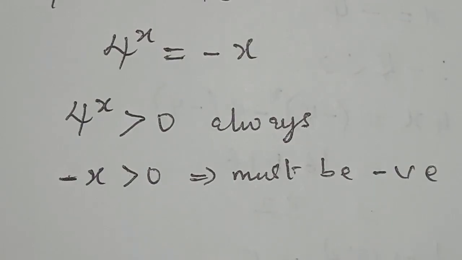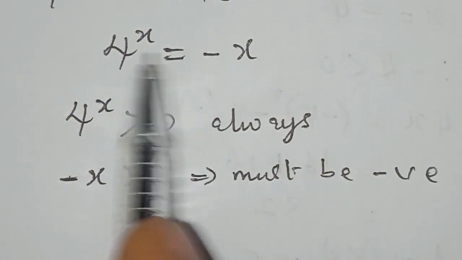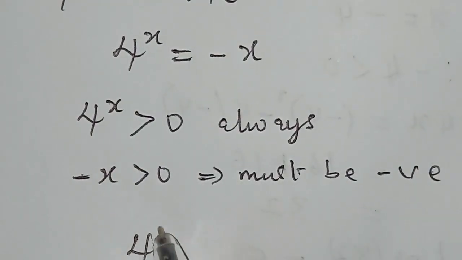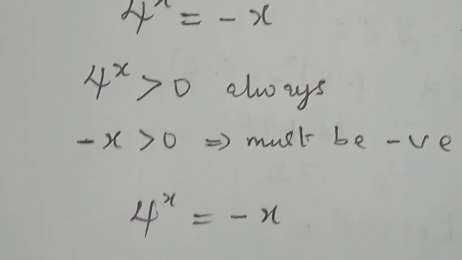So we transform this equation to a special form where both sides become power. Then what we need to do is to consider this expression: 4 to the power of x is equal to minus x.